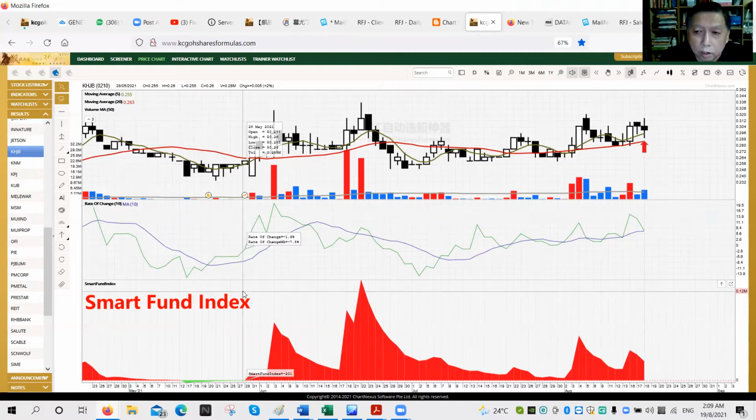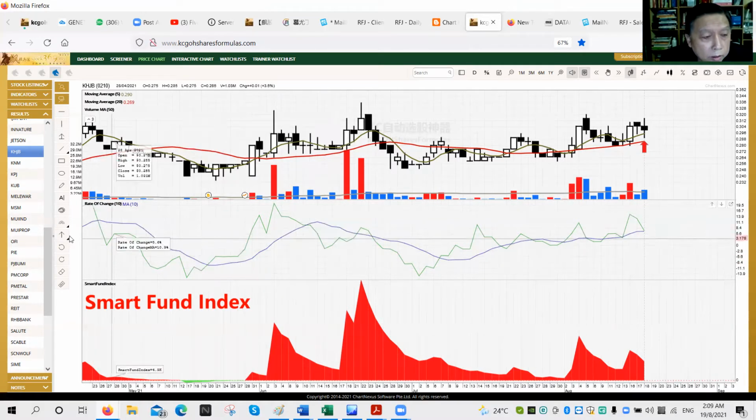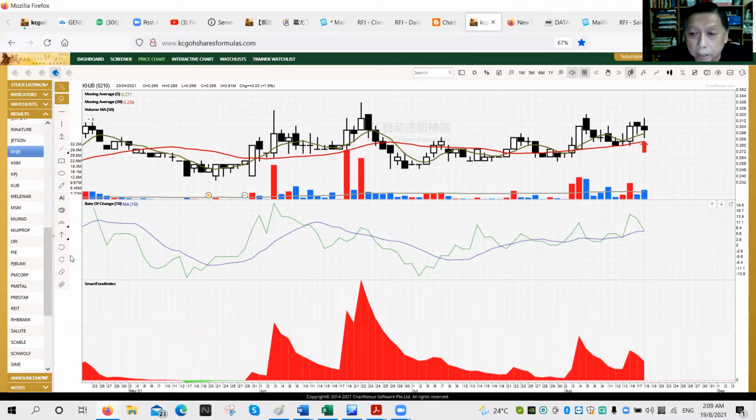Just simple logic. Let me go through some of the results, and from the interpretation, you will probably be able to learn how I select a stock.